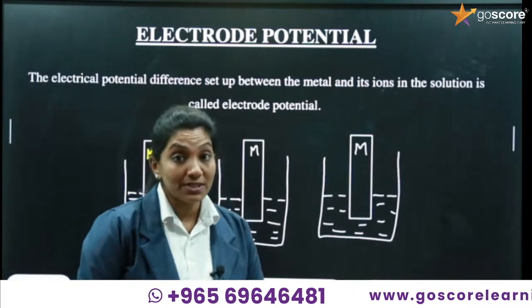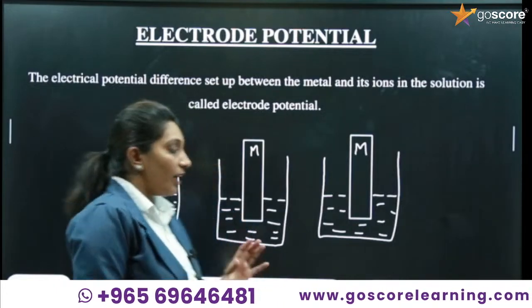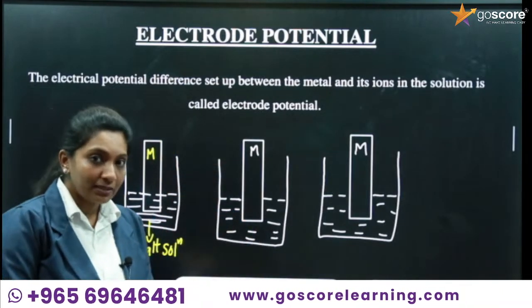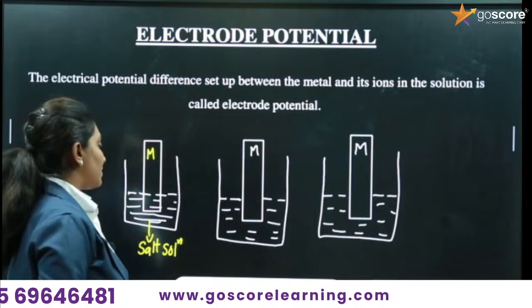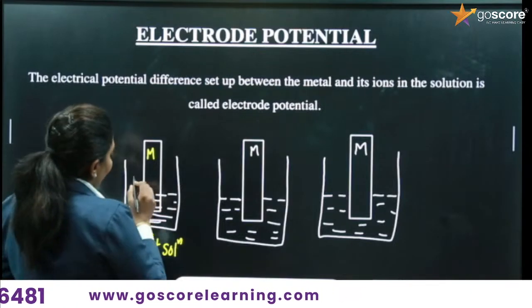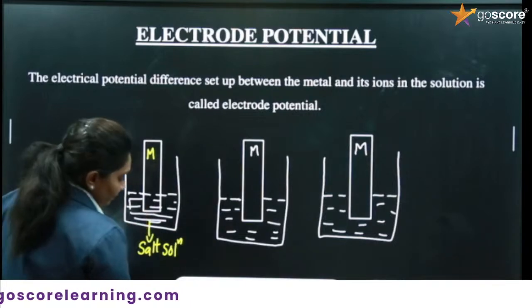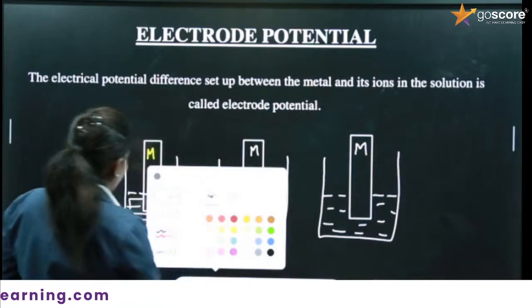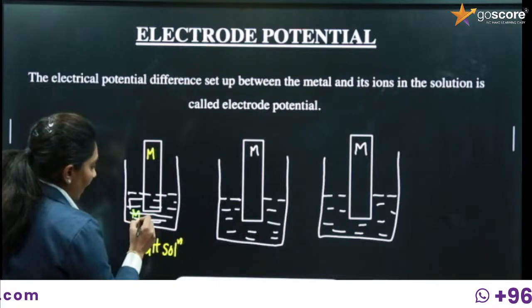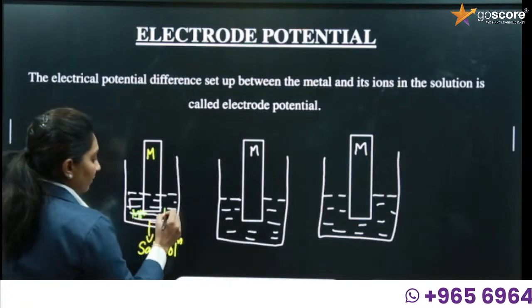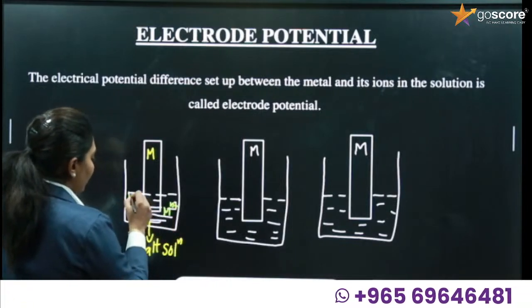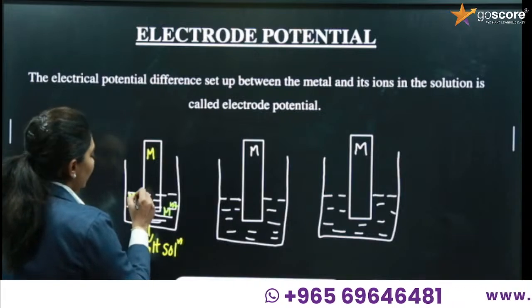There are three possible cases. When you dip the metal rod in the metal solution, three possibilities are there. In the salt solution, definitely there will be M^n+ ions. The metal ions will be there, right?